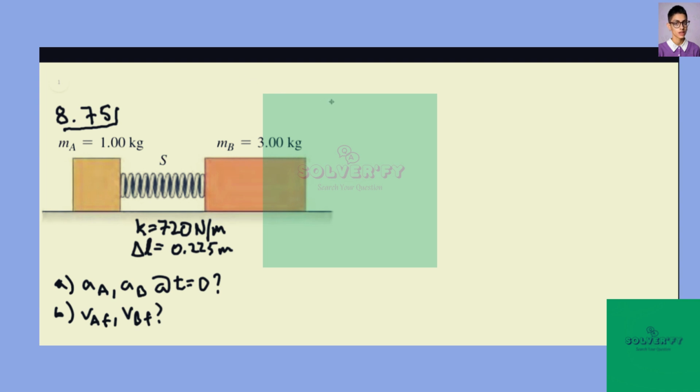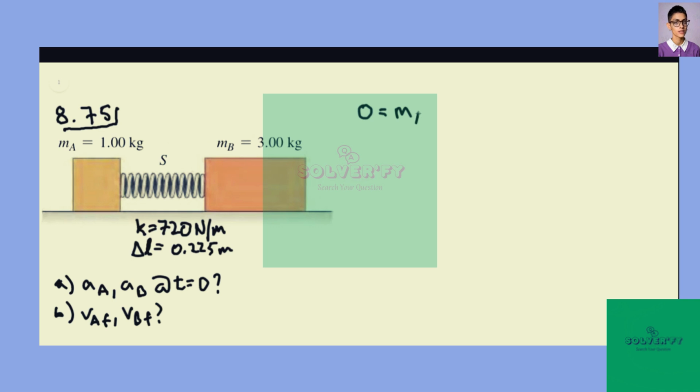So first, let's consider the conservation of momentum. Also notice that mb is equal to 3ma. That's going to be important. So since everything is at rest to begin with, there's no momentum.